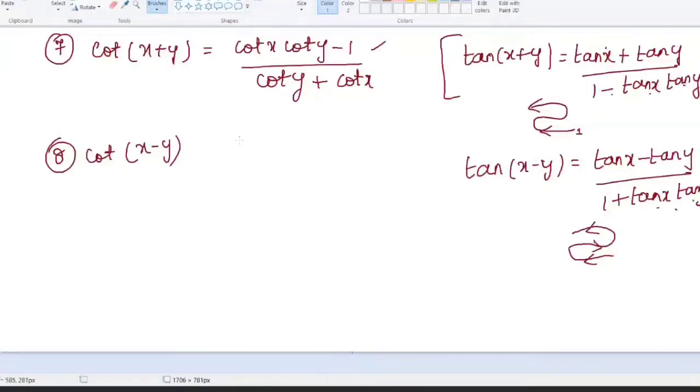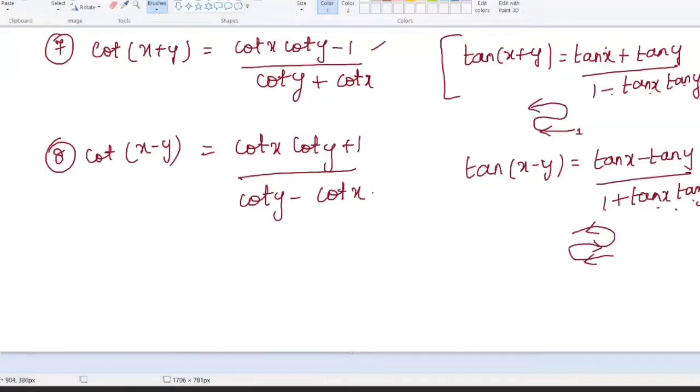So this will become cot x cot y plus 1 whole divided by, now if you write cot x first, then it will be a problem. So therefore I said to follow that zigzag movement only. So here it should be cot y minus cot x.